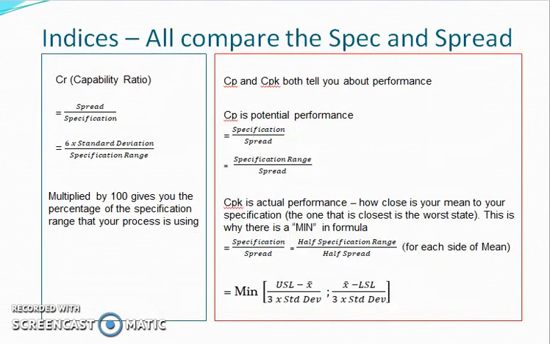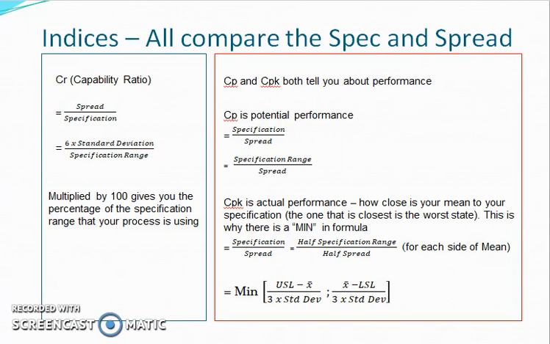And the 3 process capability indices that we focused on in this semester is CR, which is the capability ratio. The capability ratio is also an indication of the percentage of the specification range that we use. And then there's also the CP, which is the potential performance, and CPK, which is the actual performance.